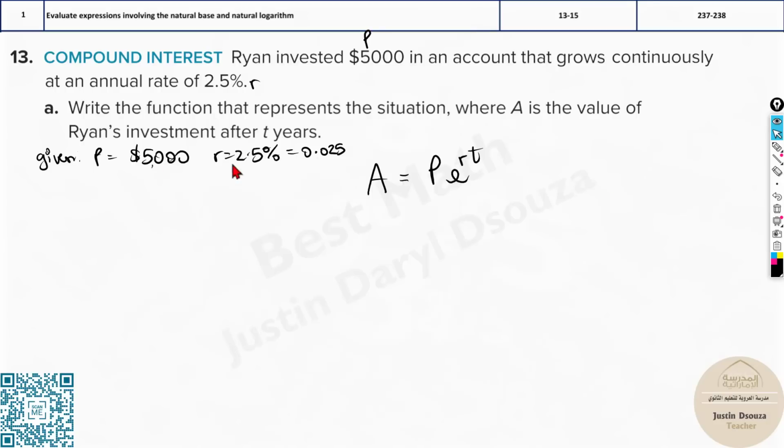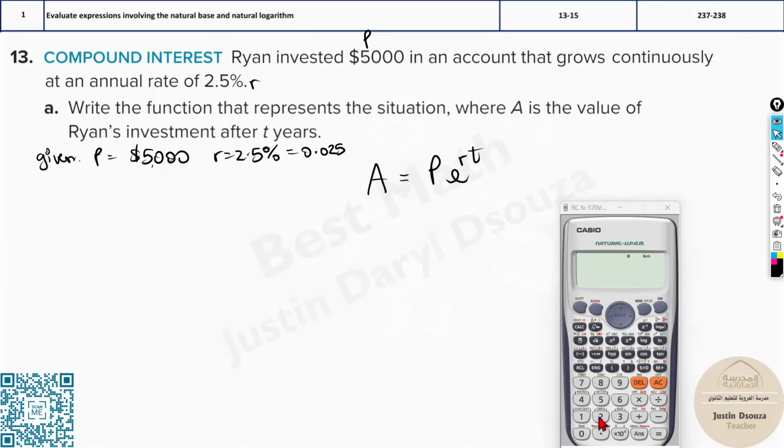Let me show you how you can solve this in the calculator. All you do is press the number, whatever is given, in percent. Now you can use the percent symbol by pressing shift, and the symbol here is percent. Now press equal to and press SD, and you get it in decimal form. It's 0.025. Now those are the only two things that are given.